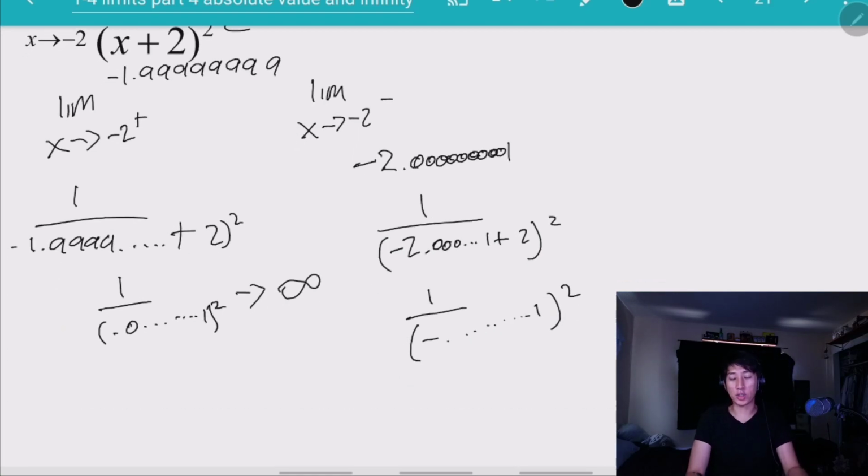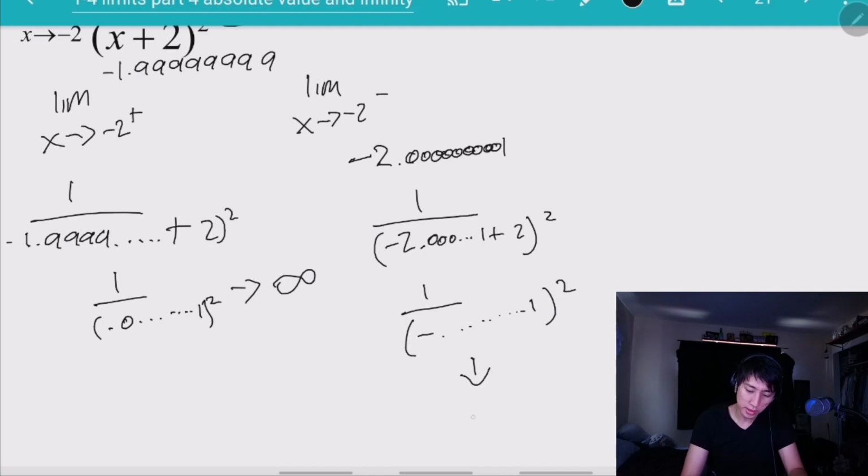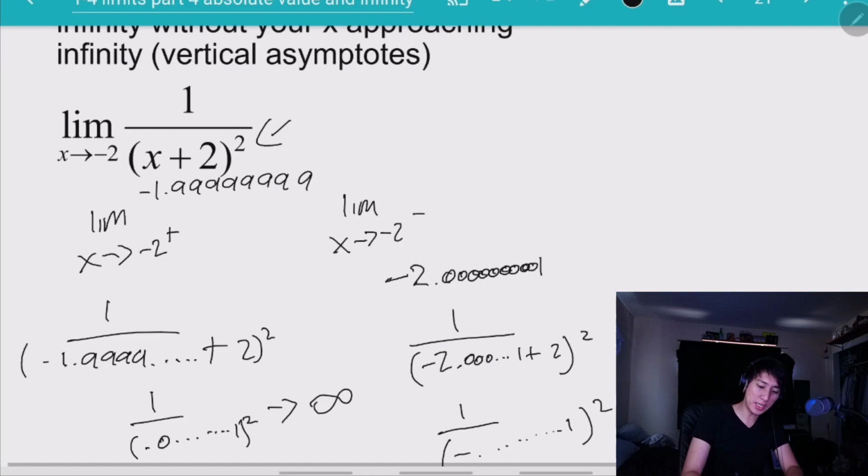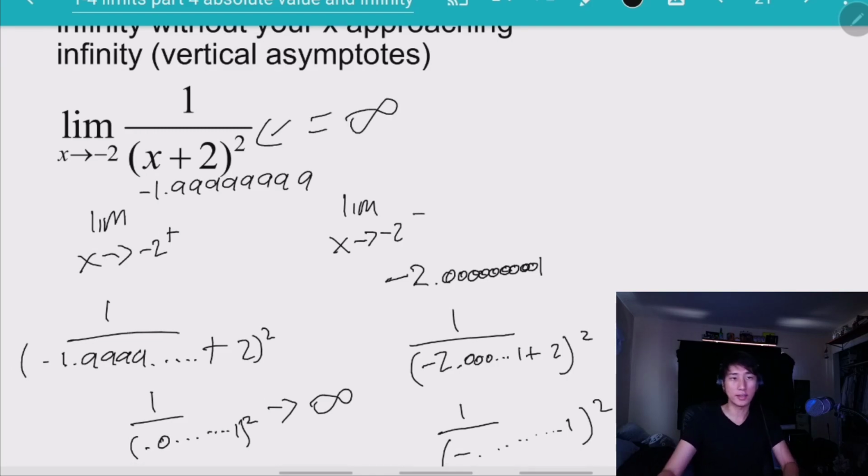And again, this is going to be a crazy huge number, but it's still going to be a positive number because of that squared. So because of that, this is going to be going towards infinity. So if I ask you what this limit is going to be, the limit is infinity. Any questions on this? Doing okay?